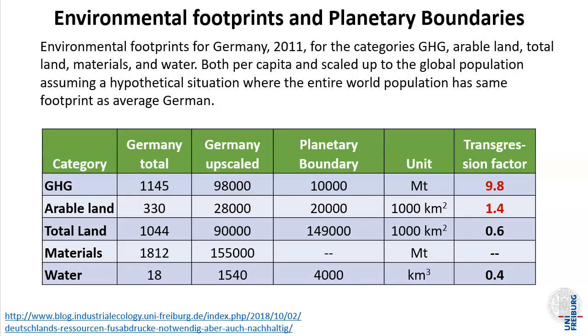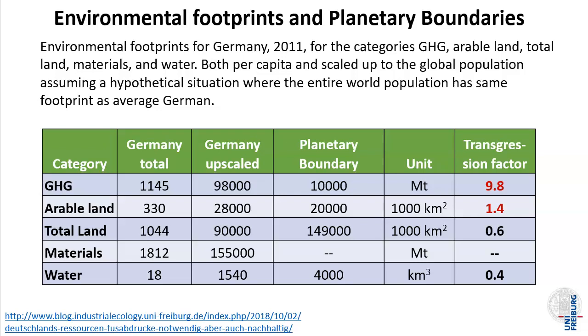So we have, in the units given here, the Germany total footprint. This is then for the total population. We scale it up to the world population, and then at the world level we can compare the footprints to the planetary boundaries, the biophysical boundaries for greenhouse gases, for arable land, for water use, and we can see how an upscaled footprint relates to the planetary boundaries.